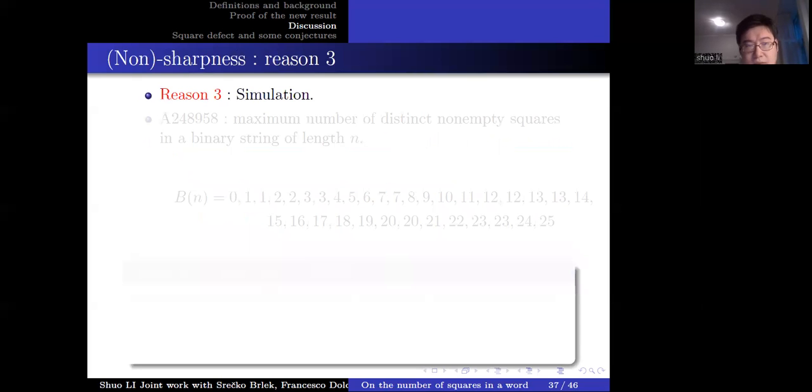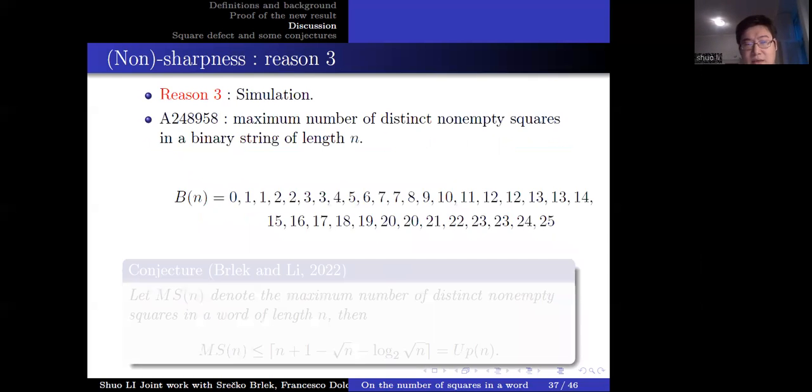Besides this, there are some simulations which have already been done. In fact, we can find the sequence A24, 89, and 55 on OEIS, which counts the maximum number of distinct non-empty squares in a binary string of length n. The first elements of this sequence are listed above.